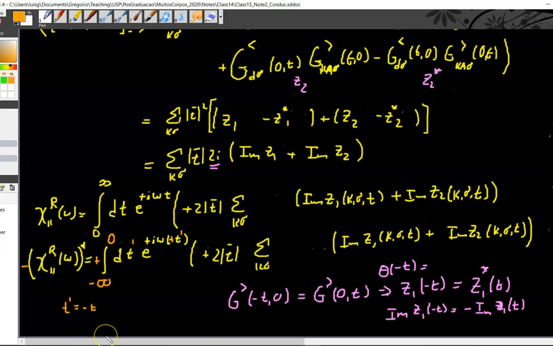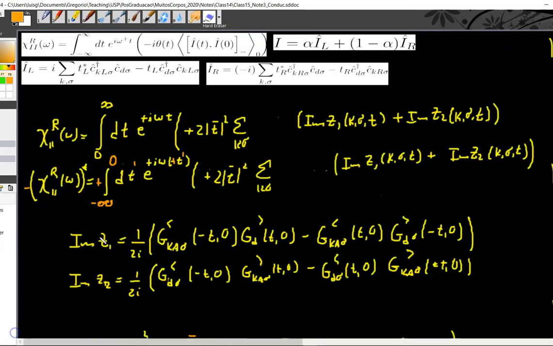Okay, so let's see what you get in another slide. Okay, so I just copied the results that we had before, and we want to add those two, right, to get the imaginary part of chi 1r. Just to remind you what z1 and z2 are. So the imaginary part of z1 is this, g lesser, k sigma, g greater, and so on.